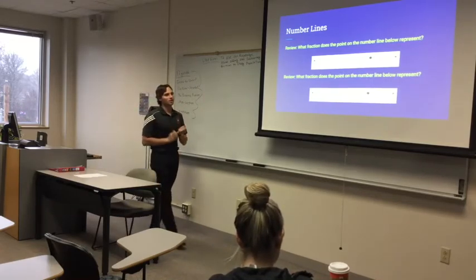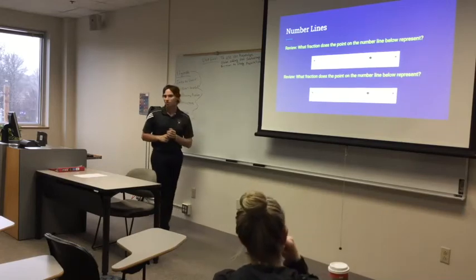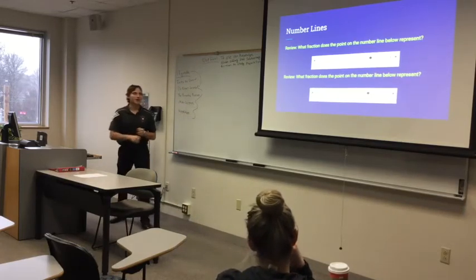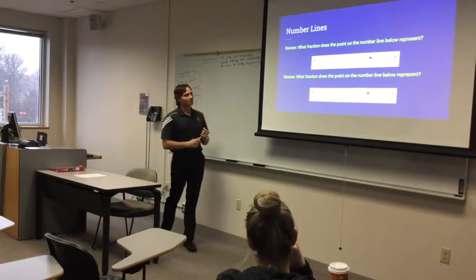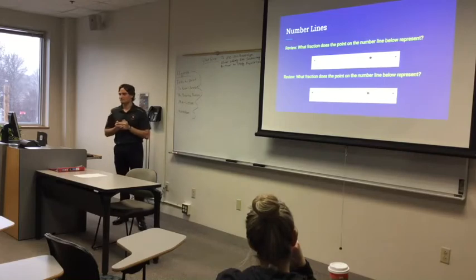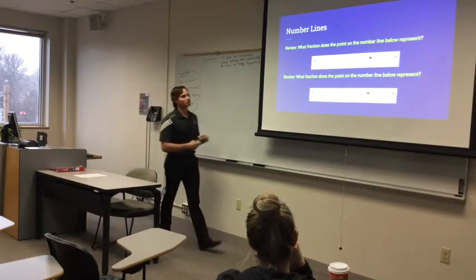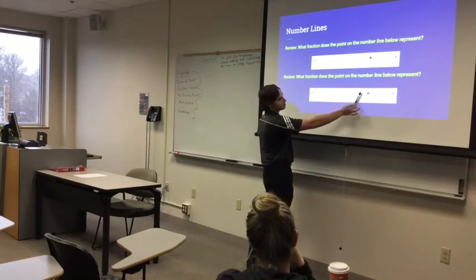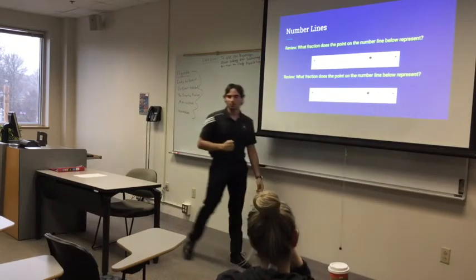What is this number line representing in terms of a fraction? What do we see? I know it's tiny, right? I apologize. I'll help. So we have 1, 2, 3, 4, 5, 6, 7, 8, 9, 10, 11, 12 total.